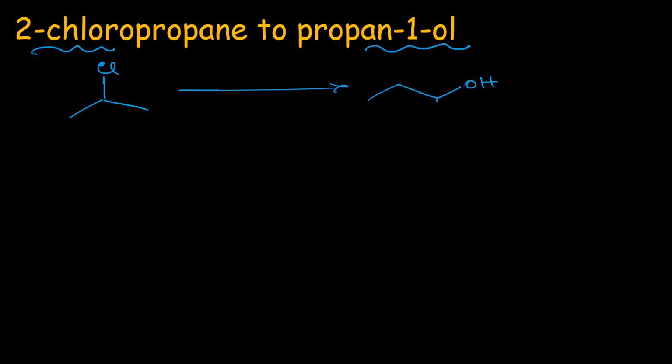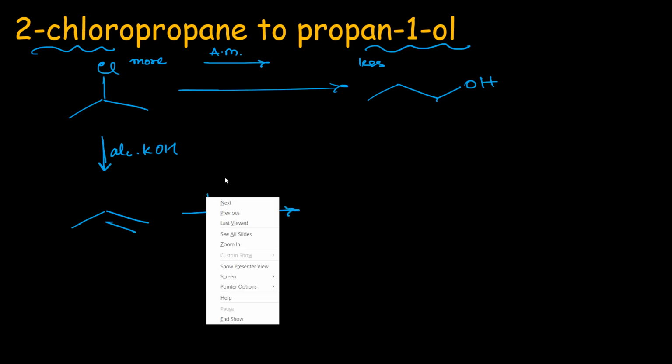But one thing is also sure, that we are going from more to less substituted. Whenever we go from more to less substituted, we use the anti-Markovnikov rule. Now when we use the anti-Markovnikov rule, I need the alkene. For the alkene, we will use alcoholic KOH, and I will get propene. Now once I get propene, what will I make? I will make HBr.